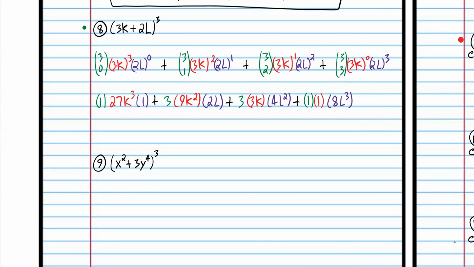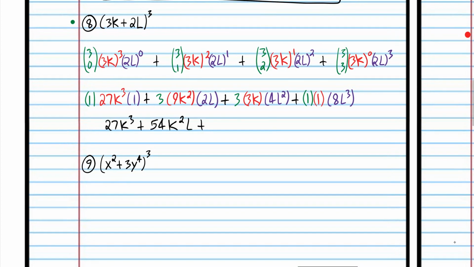So now we just have to simplify, and we get 27k cubed plus 54k squared l, and then 36k l squared, and then 8l cubed.